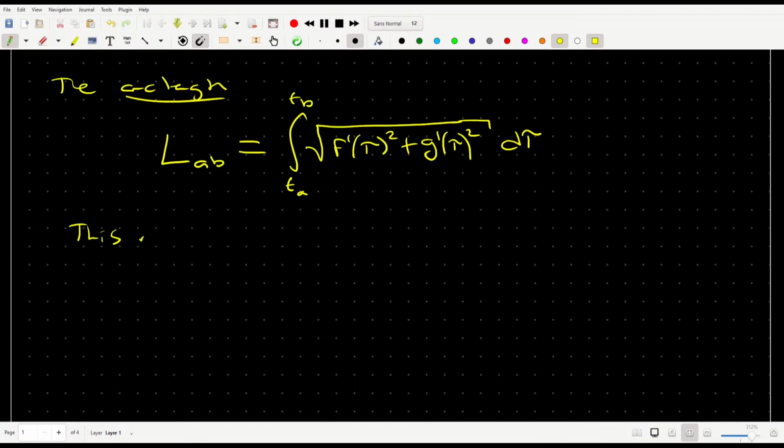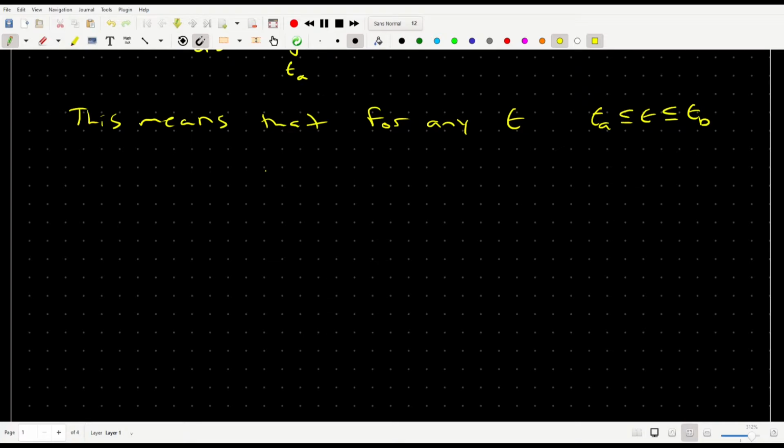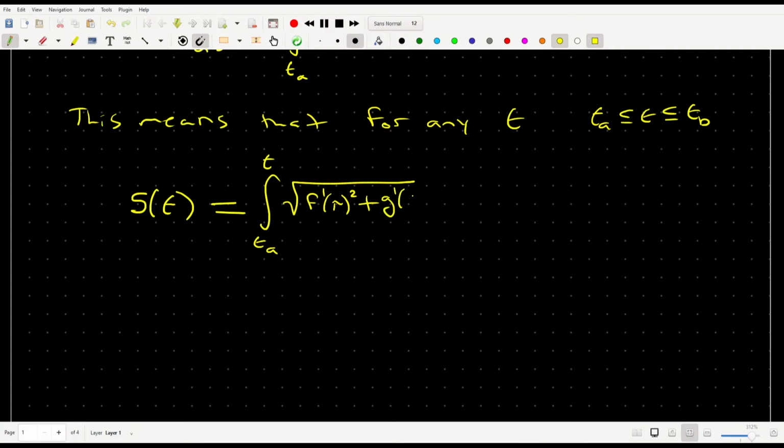And this means that for any t in our interval of parameterization, such that t is between TA and TB, the arc length on the curve up to t is a function of t, and this is going to be the definite integral from TA to t of the square root of f prime of tau squared plus g prime of tau squared d tau.